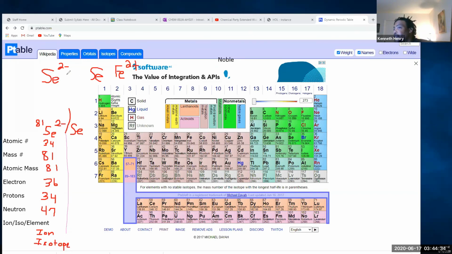If it's a negative, that means I gained electrons. Since it says 2-, I gained 2 electrons, so I should have 2 more than I would normally have. In this case, Fe2+ means I lost 2 electrons. Normally it has 26 electrons, so now I only have 24 electrons.